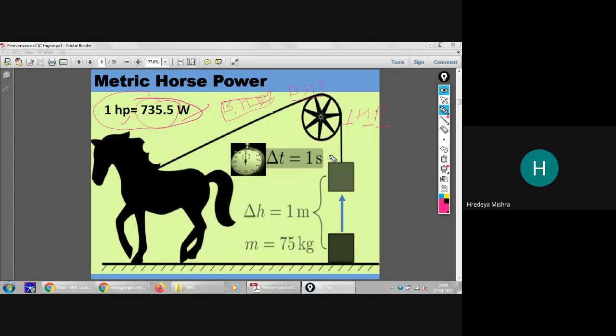So we can define that a horse can utilize energy such that in 1 second it can move a 75 kg mass by 1 meter. So we get 1 horsepower.